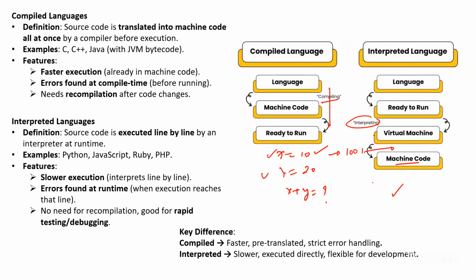It will come to y equal to 20, understand, and convert to machine code. And when I say x plus y, since it is already converted, it will go and execute. Whereas your compiled language will first convert each and everything into binary code and execute all together. Correct?